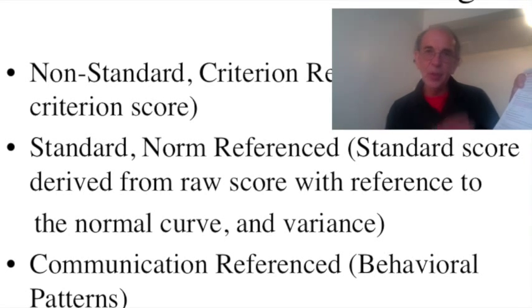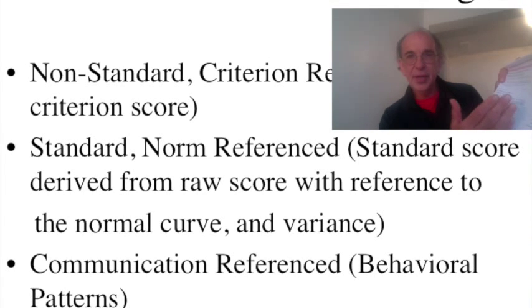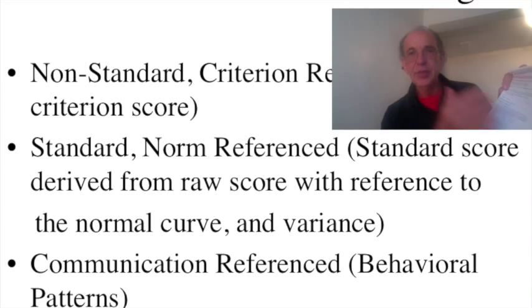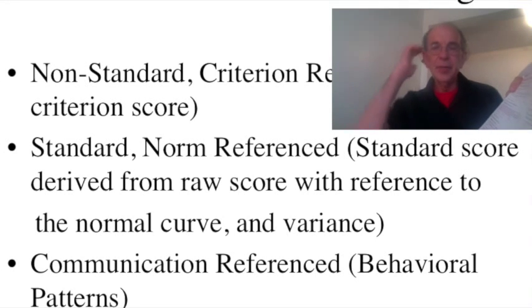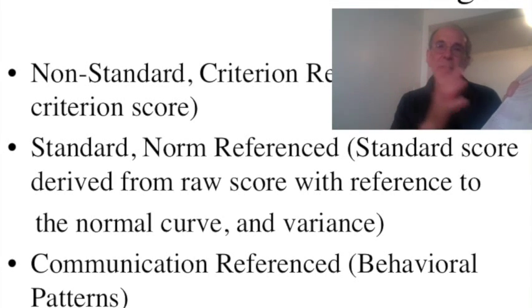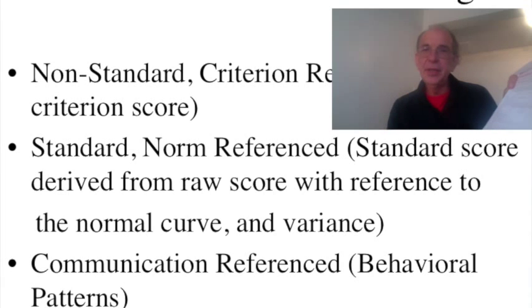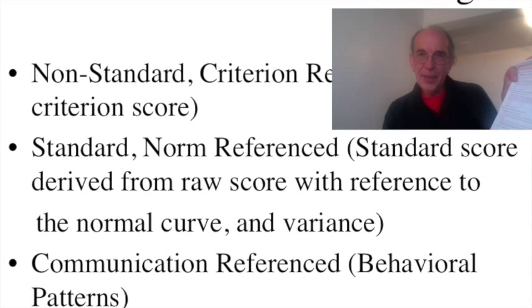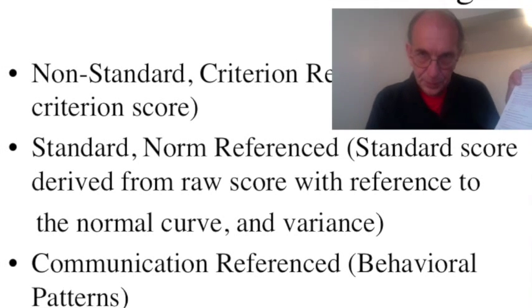That means you're going to take the client's raw score, that criterion reference score, and compare it to the scores that the individual's peers demonstrated in the context of the assessment that you have administered.